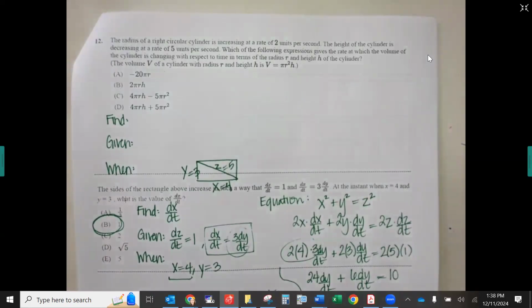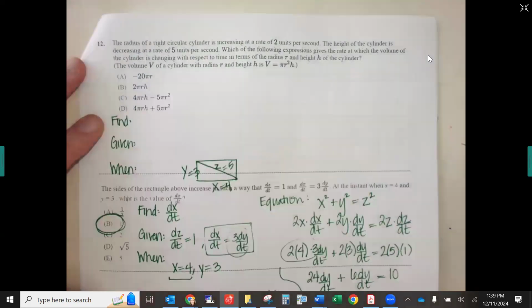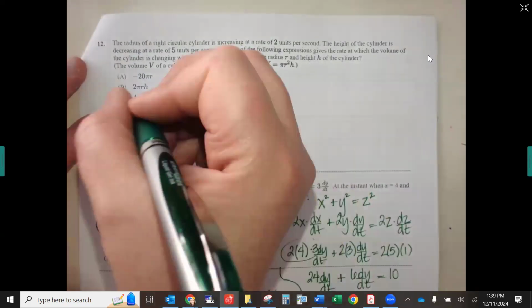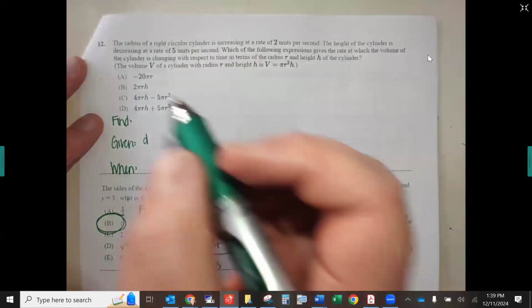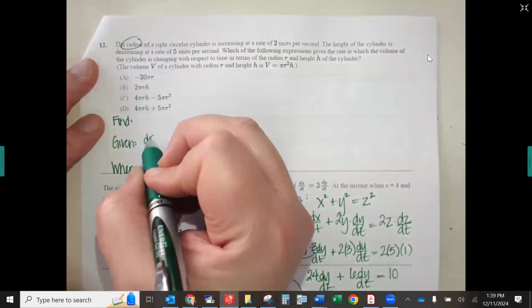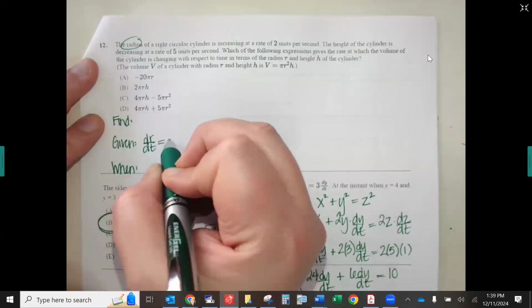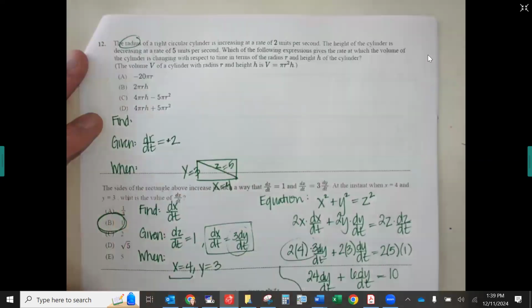It says the radius of a right circular cylinder is increasing at a rate of 2 units per second. What did they give me? Okay, what is that equal to? The radius is dr/dt is positive 2.